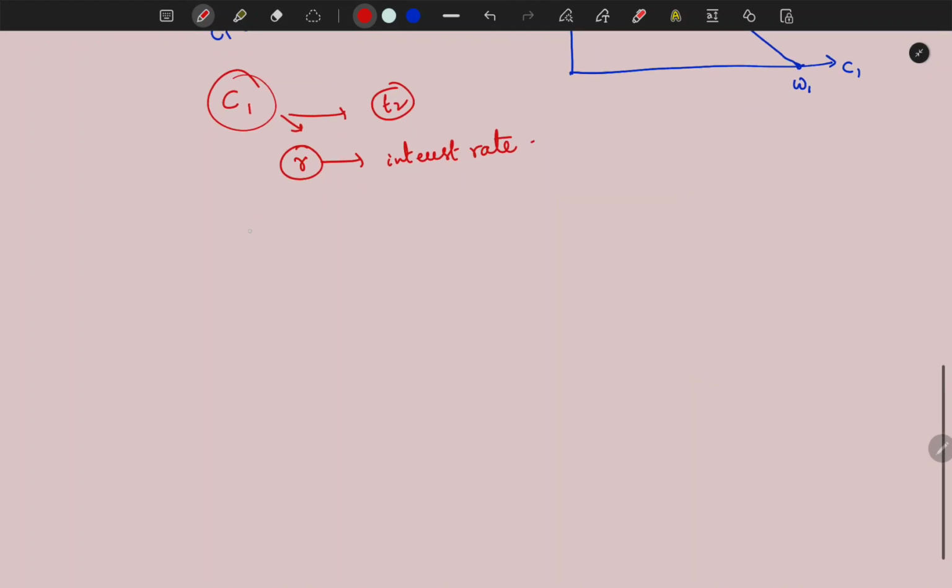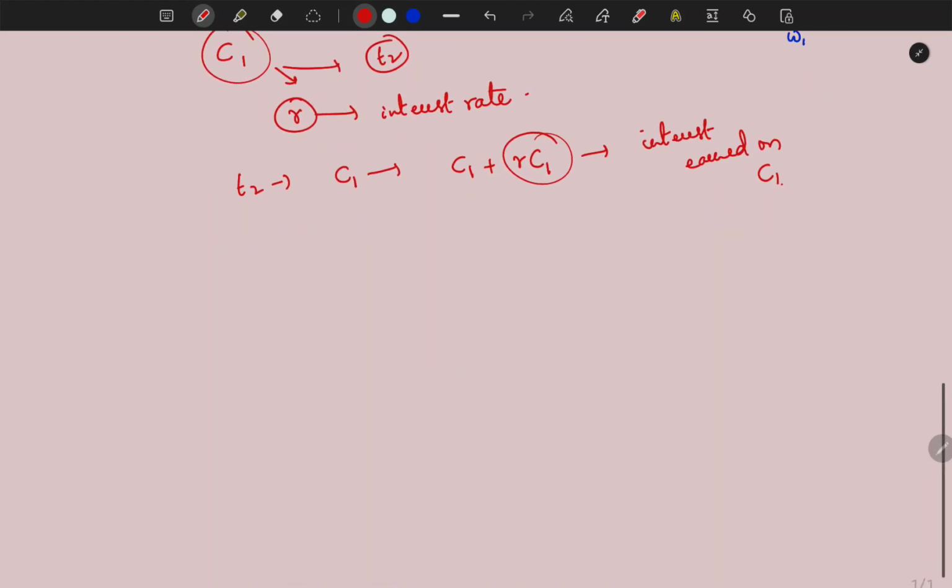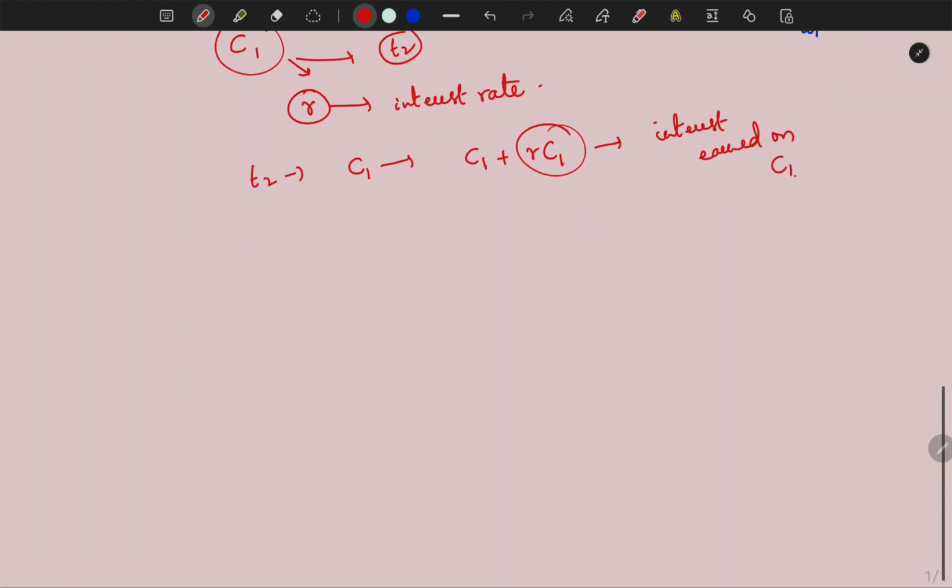Now, in the second period, T2, C1 will become C1 plus RC1. Why? This is the interest earned on C1. Right.